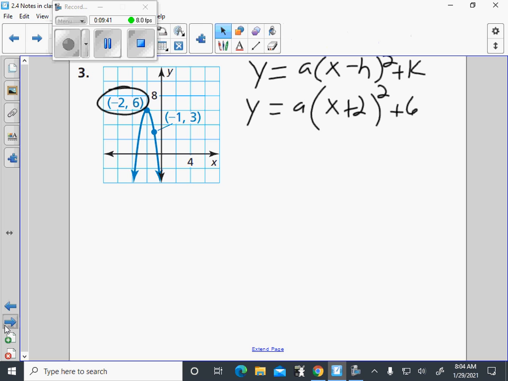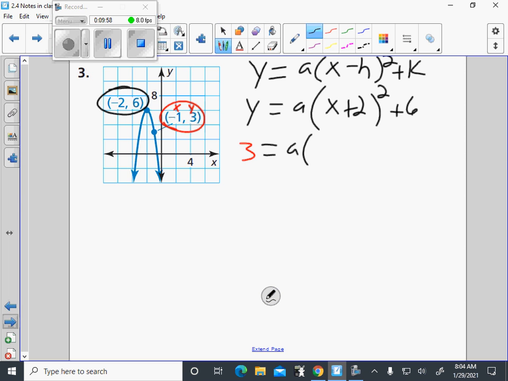Okay. Now, I'm going to take these points that are going through. Negative 1 and 3. Where negative 1 is x and 3 is y. So, 3 equals a times negative 1 plus 2 squared plus 6.